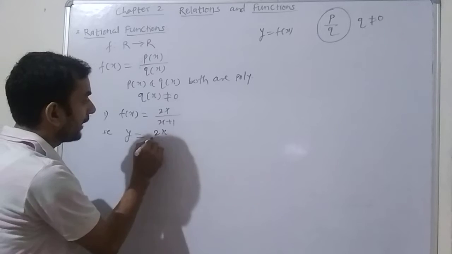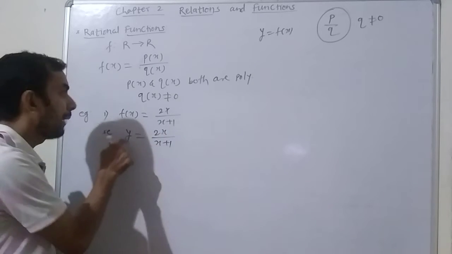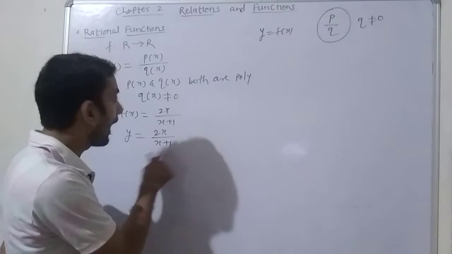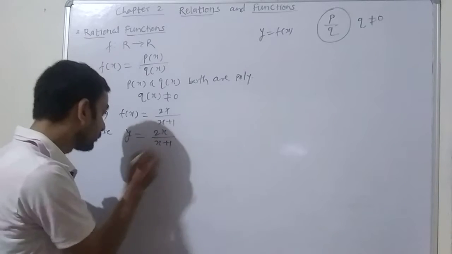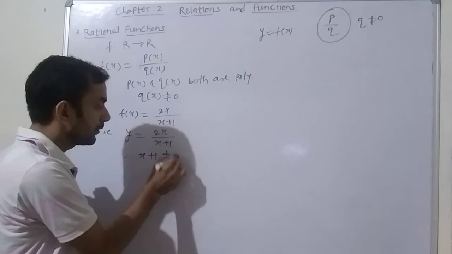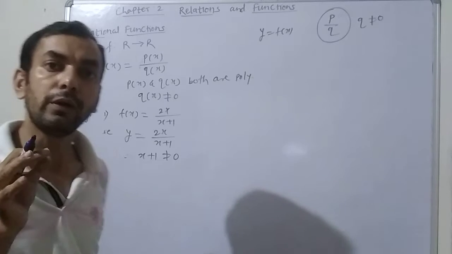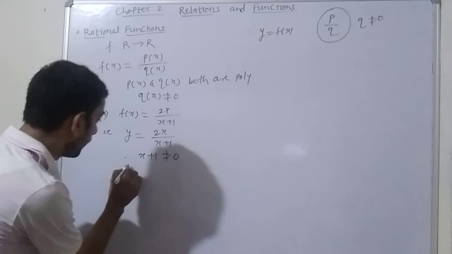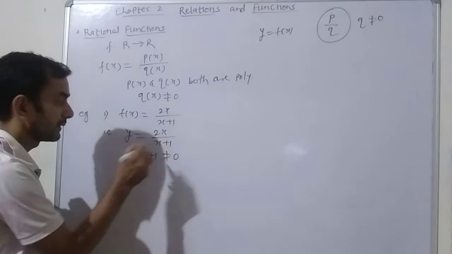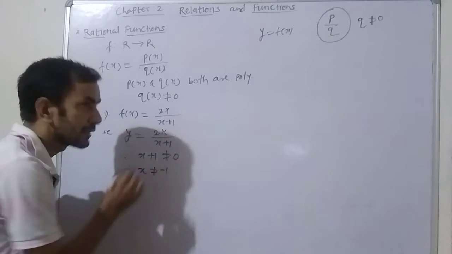So y equal to 2x dividing by x plus 1. If I have to find the value of y, the denominator must be not equal to 0. Therefore, those points we have to consider here. So x plus 1 not equal to 0. तो denominator का आंसर 0 नहीं होना चाहिए. Therefore, x plus 1, transferring this plus 1 to the right hand side, so x not equal to minus 1.